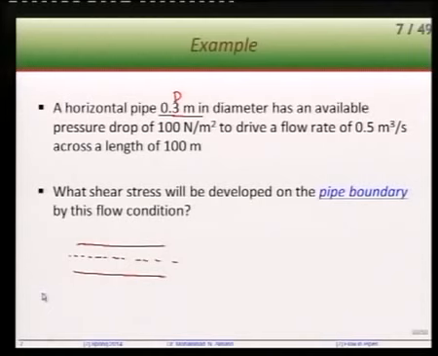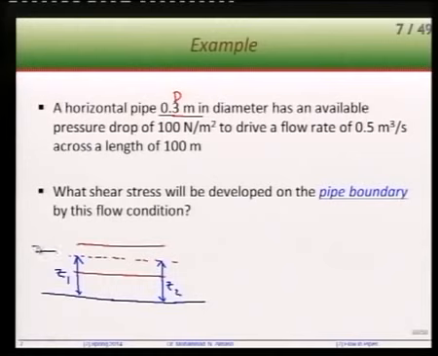We can say, for example, this is my datum. Datum generally is the mean sea level. So we can say this is Z1 and this is Z2. It has an available pressure drop. Now water moved from point 1 to point 2, and in order for this movement to happen, we can say two things.